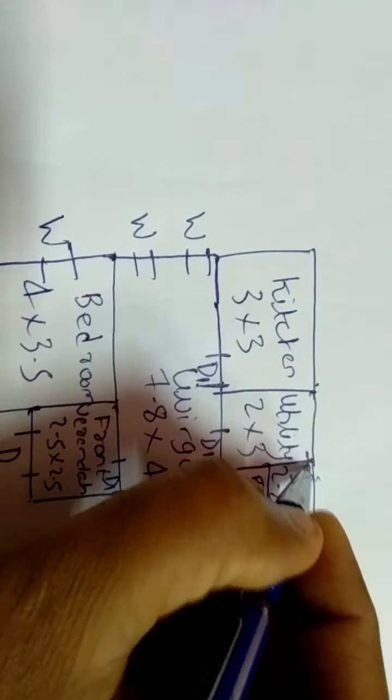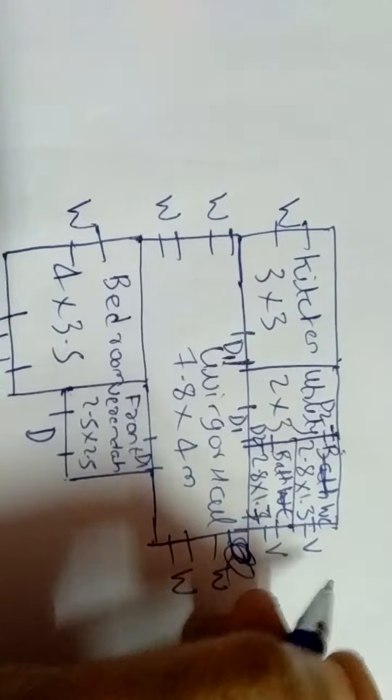Similarly a window can be given for the kitchen. For the water closet and bathroom we are going to give the ventilator. Because of privacy, in place of a window we are giving the ventilator. So D, W and V: door, window and ventilator. You can see the schedule of openings here. The door is given 1.2 width wise, 2.1 height wise. Here in the line diagram or plan we are only concerned with the width, because in the plan we are not able to see the height.